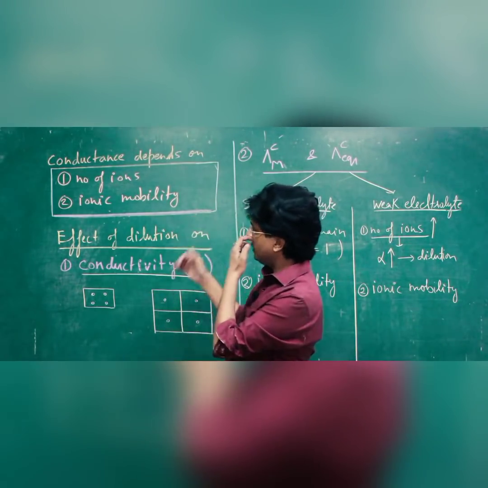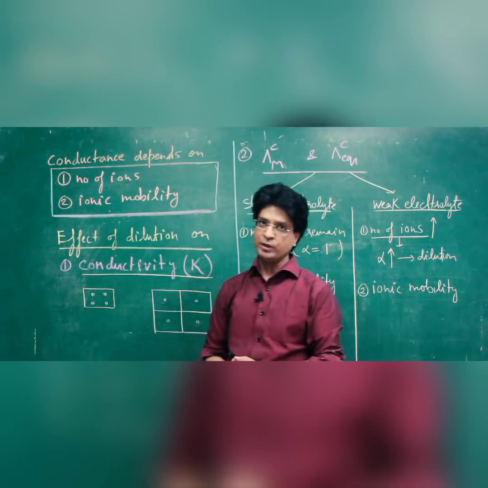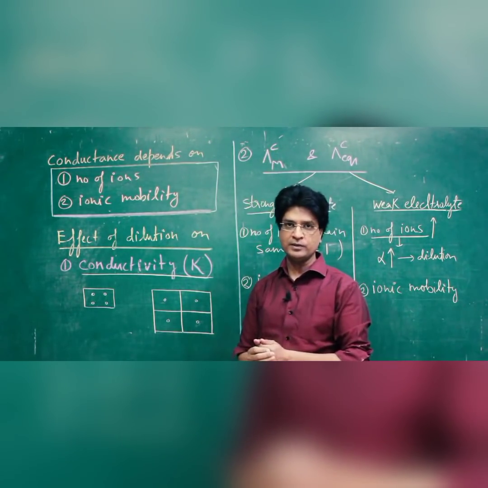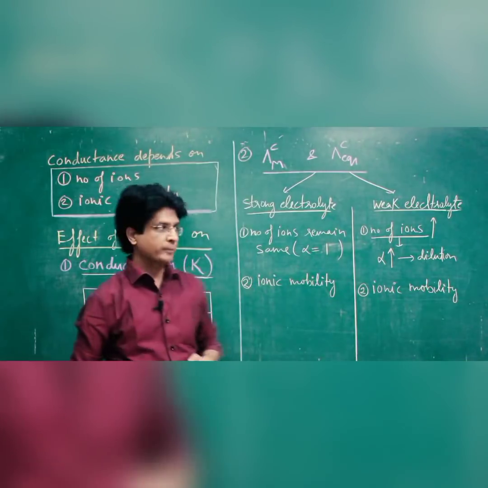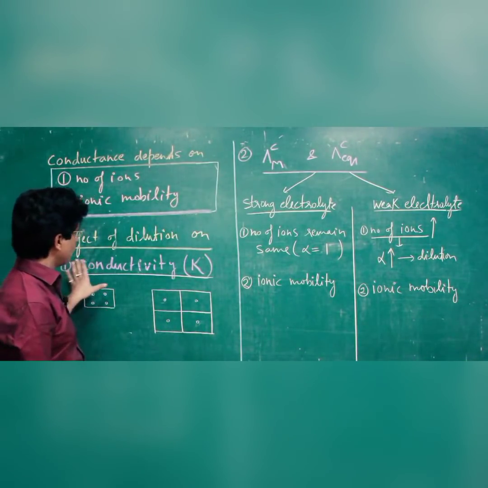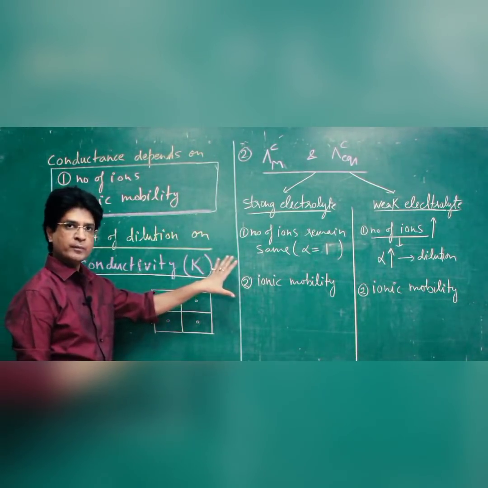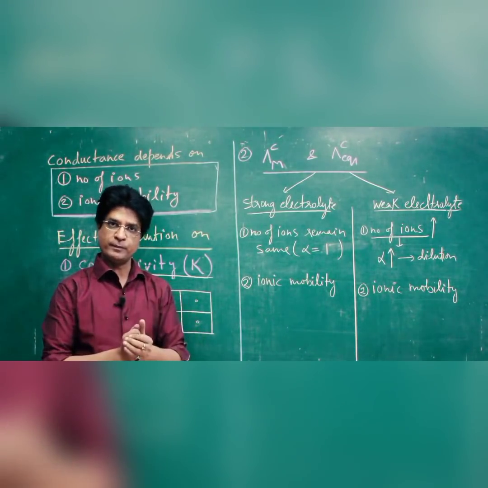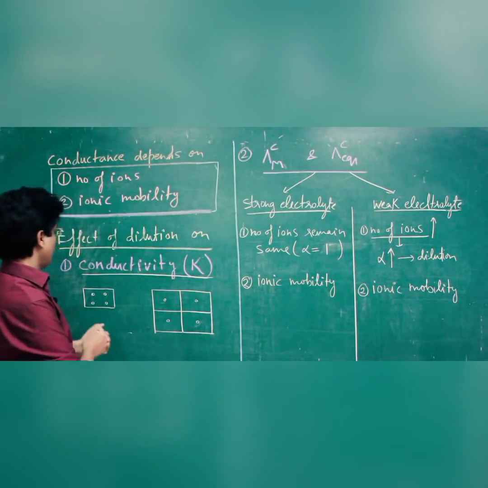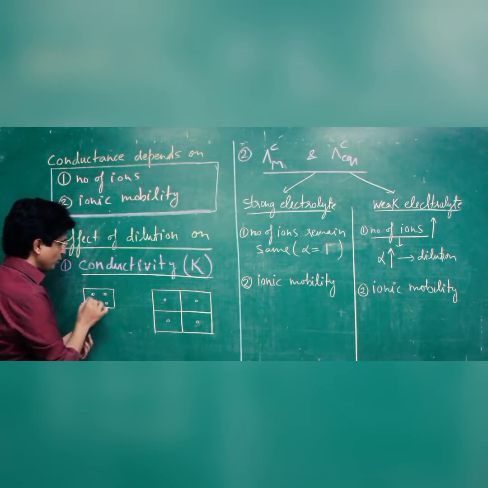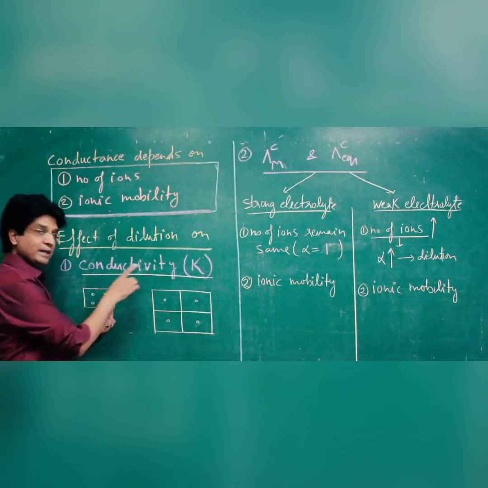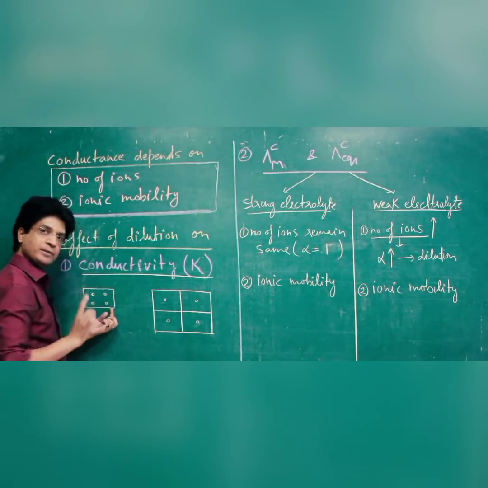Now let us see what will be the effect of dilution on conductivity, molar conductance and equivalent conductance. Let's take them one by one. Now see, first understand what is conductivity. Conductivity is the conductance in the unit volume solution. So suppose now I am having a unit volume of solution and I have some ions in it. Right now the conductance will be because of the 4 ions.